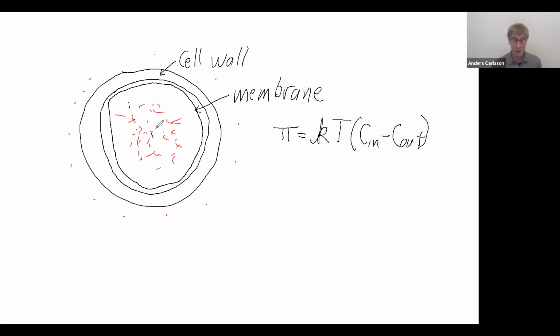You can also think about it in terms of the water having an attractive interaction with the osmolytes. In that case, the water will actually be sucked into the cell if there's a larger osmolyte concentration in the cell, and that would be another mechanism by which the pressure is enhanced. One thing that I find miraculous is that the final result is pretty much the same in both of those limits.